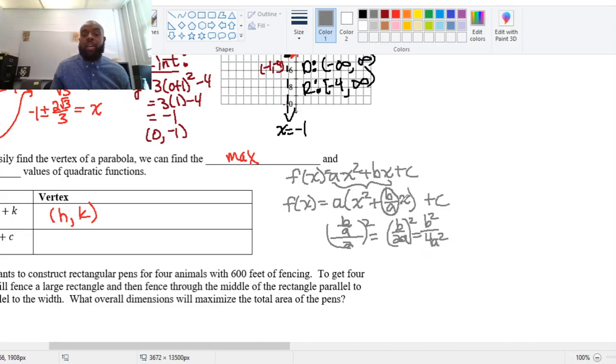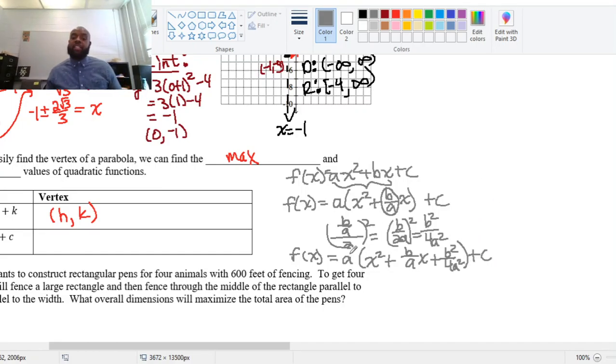So that is what I'm going to add right here. So I'm going to have f of x equals a times the quantity x squared plus b over a times x plus b squared over 4a squared, plus c.